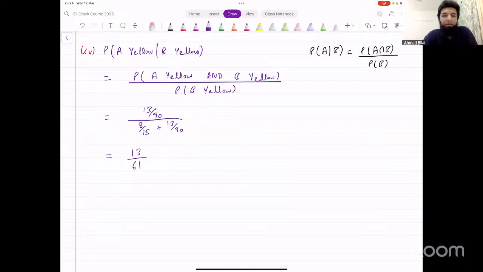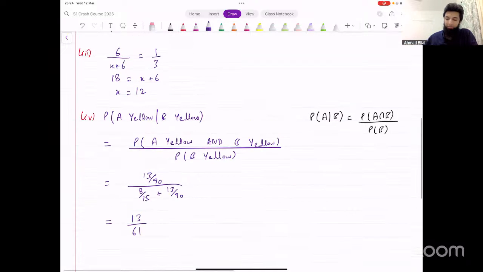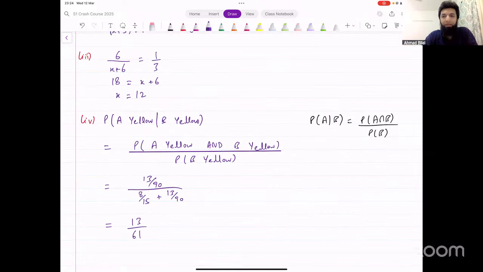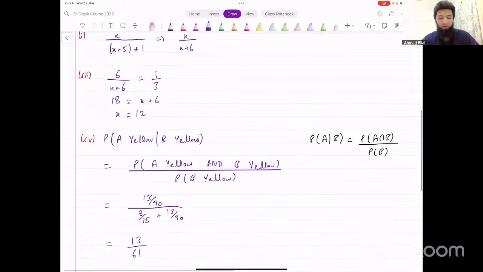Okay, all right, thank you. That was part 4. That's conditional probability. This is how you would do that. Any questions on this? Any problems, anyone? No questions? Okay, let's move on. So that was question number 23 from the worksheet.